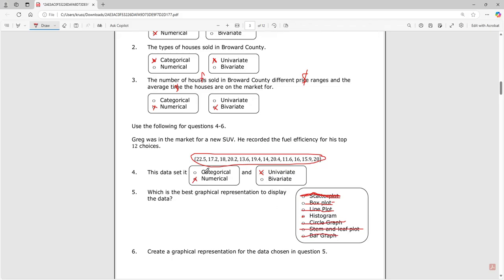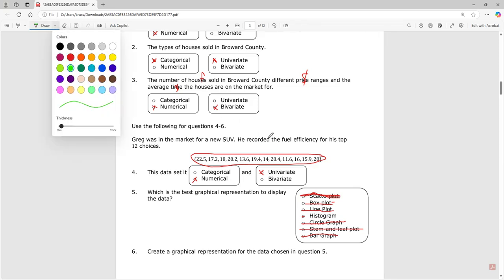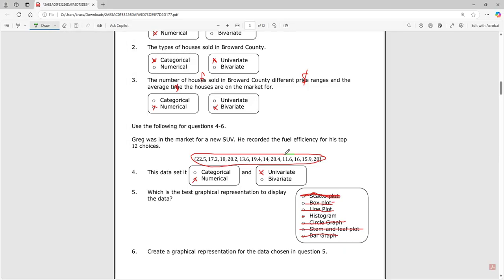All right, so let's figure out what the number of bins are going to be. All right, so we have bins. The lowest is, let me pick a different color here. The lowest is, it looks like, 11.6 is the lowest.